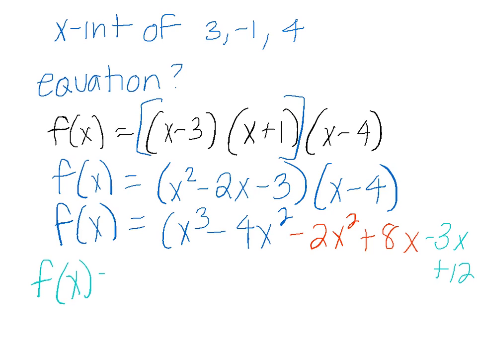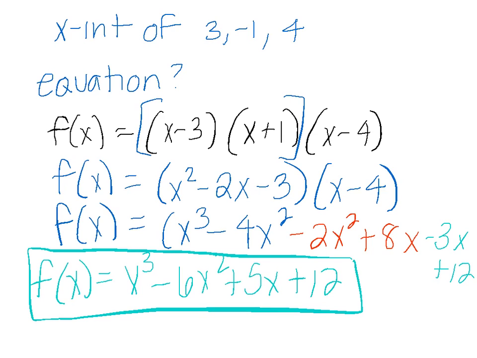So now I need to combine my like terms. X cubed minus 6x squared plus 5x plus 12 would be our answer. So the key thing on this is making sure I know how to write the factors, and then it just becomes like Algebra 1 style multiplying. Make sure that we're taking our time and don't make little mistakes on this, like distributing negatives and things like that.